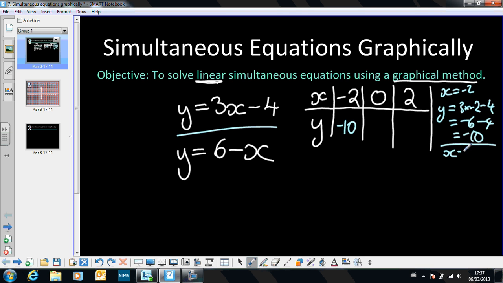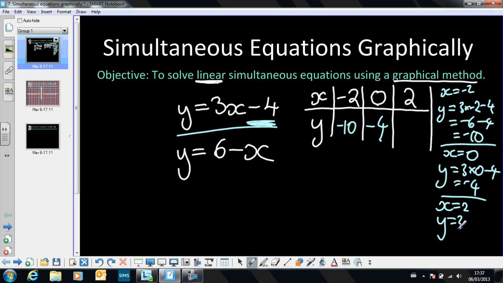When x is 0, we get y is 3 times 0 minus 4, so y is -4. Which shouldn't be a surprise, because we're familiar that the -4 should be the y-intercept. So when x is 0, we get the answer -4. And lastly, when x is 2, we get the answer y equals 3 times 2 minus 4, which is 6 minus 4, which is 2.